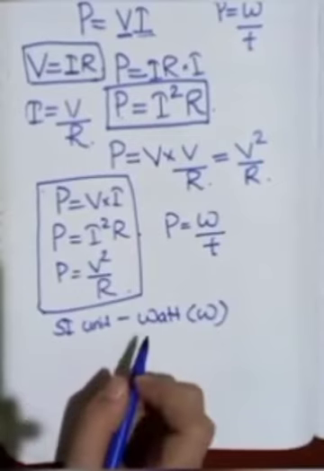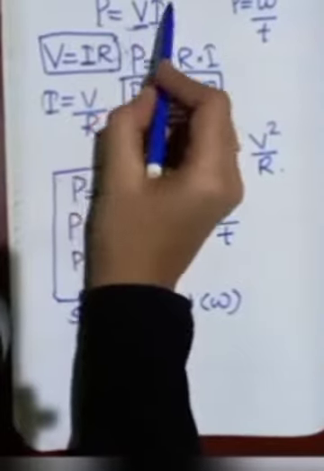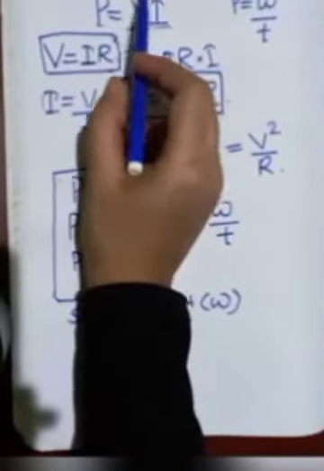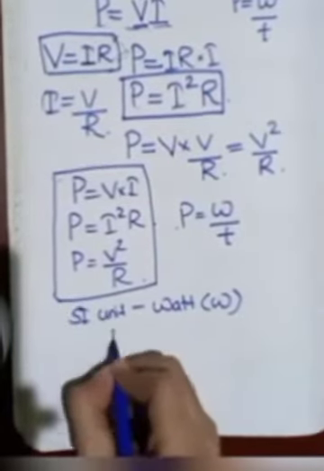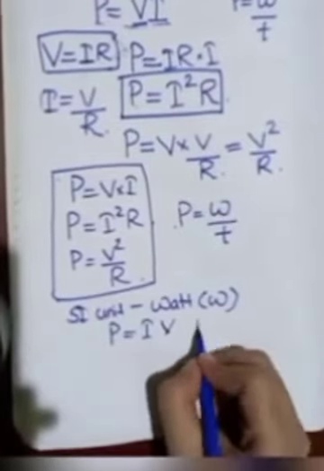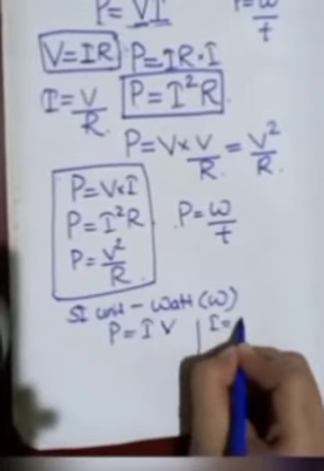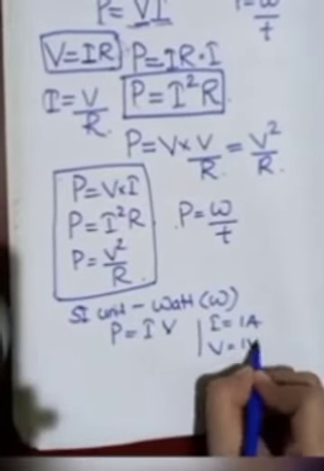Then how can we define 1 watt? We can use this equation, that is P is equal to I into V. Suppose I is equal to 1 ampere and V is equal to 1 volt.